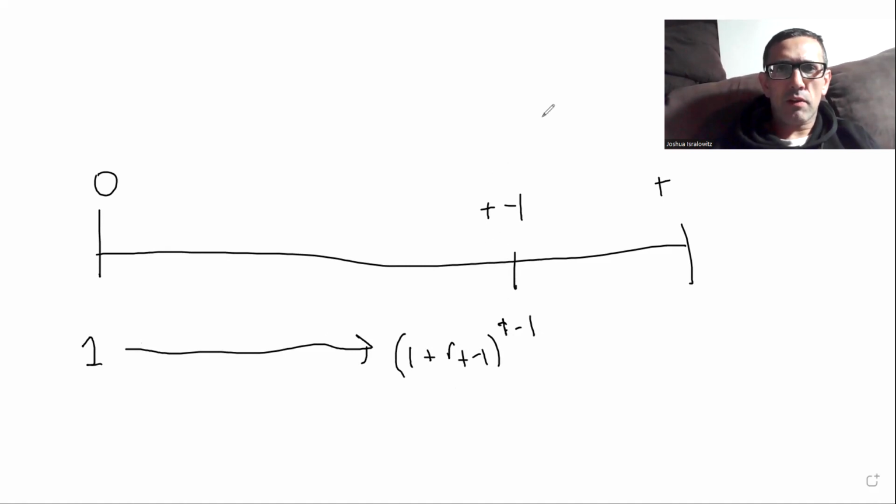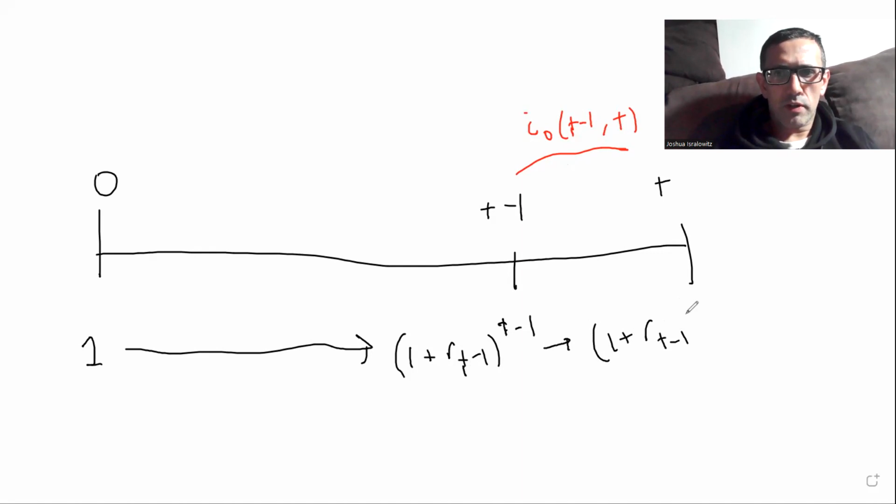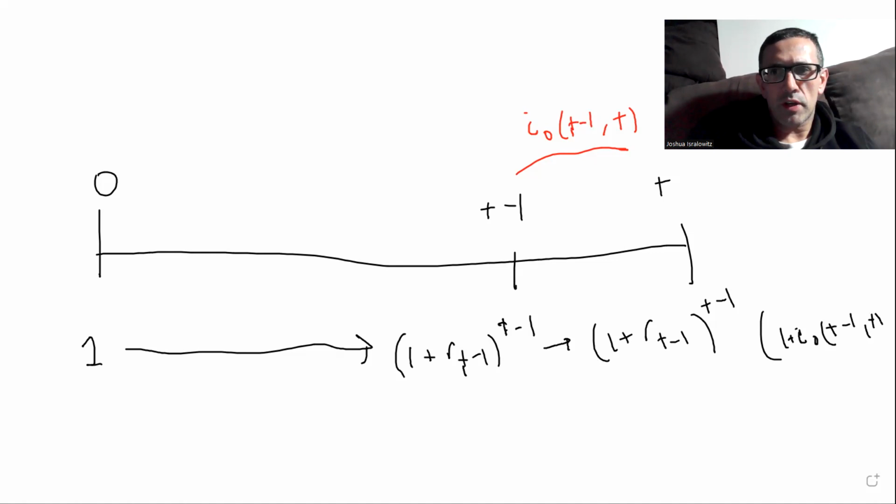And if we have a spot rate of I0 t minus 1 t for this year here, t minus 1 to t, so we have a 1 year interest rate from t minus 1 to t, then this amount grows according to this 1 year interest rate, so it's 1 plus I0 t minus 1 t.